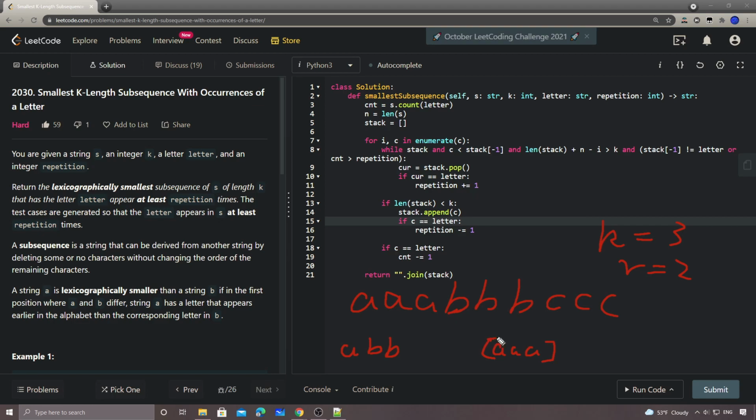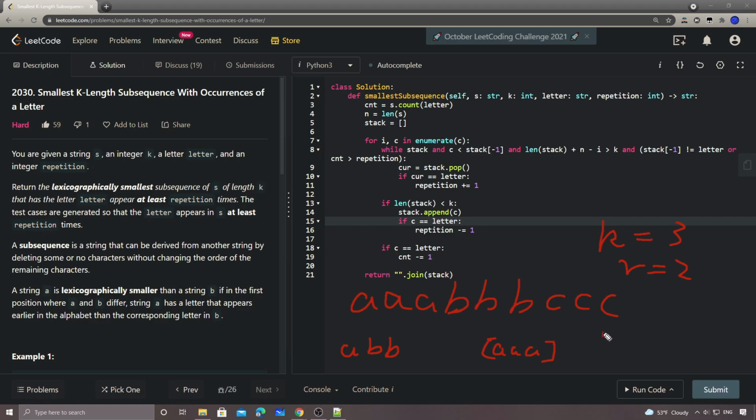So one way to solve this problem is, when we do the pop here, we can add one more condition to do the pop, which is: whenever the remaining space in the stack is smaller than the repetitions, then we also pop, right?